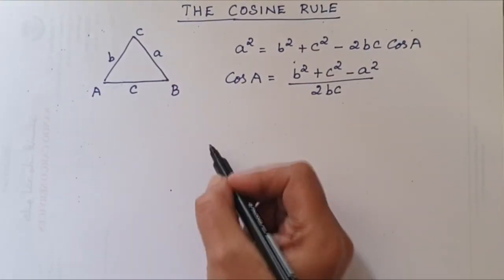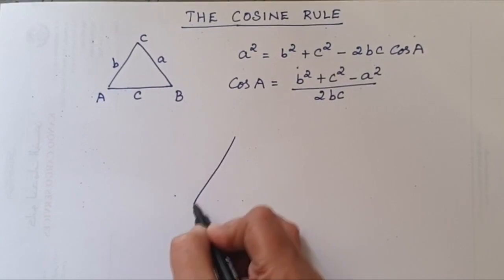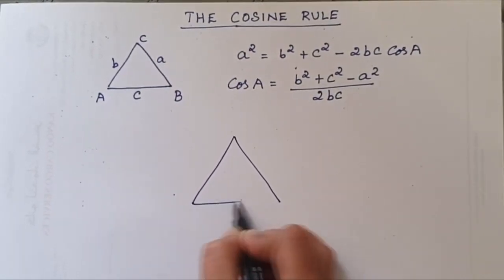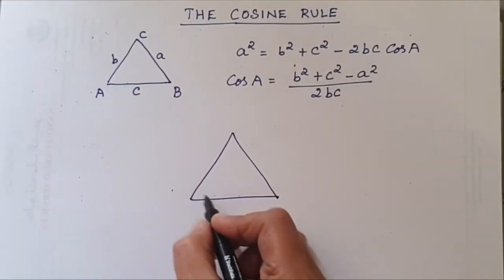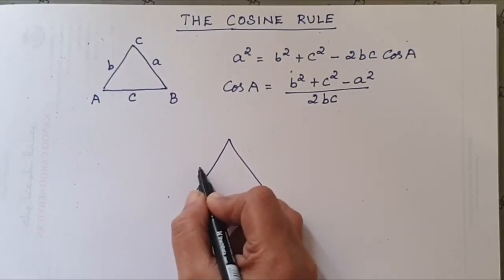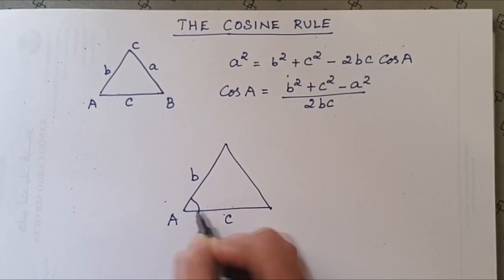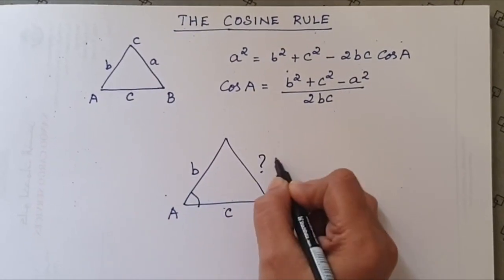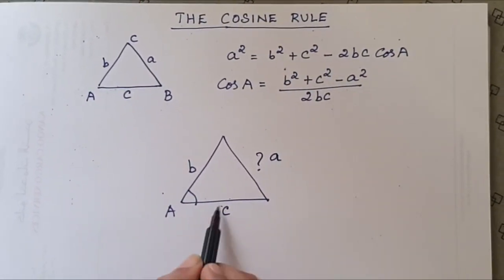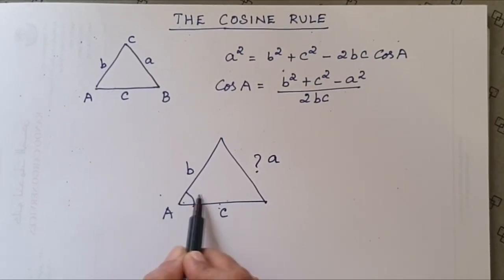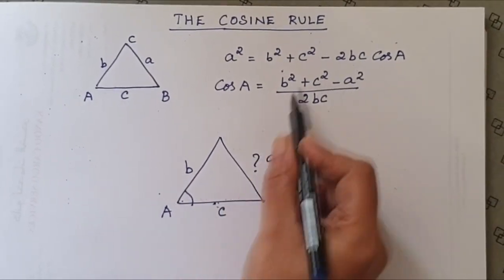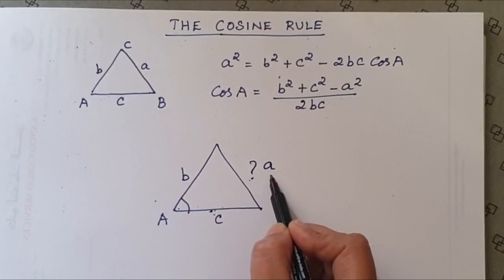So how are we going to apply the cosine rule? That is, when two sides and the included angle are given, that is, if you have the sides b, c and the angle A is given, and the side which you need to find, then we can use the cosine rule.